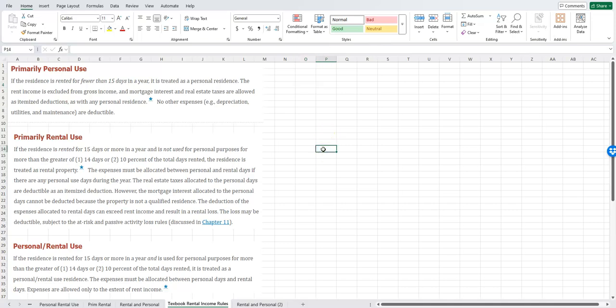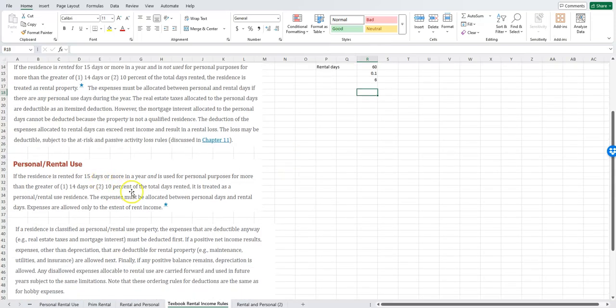Well, we used it for 60 days, which is more than 14 days, and the rental days were 60, and 10% of 60 is 6, and we also used it for more than that. So we do not fit this criteria either. We're not primarily rental use.